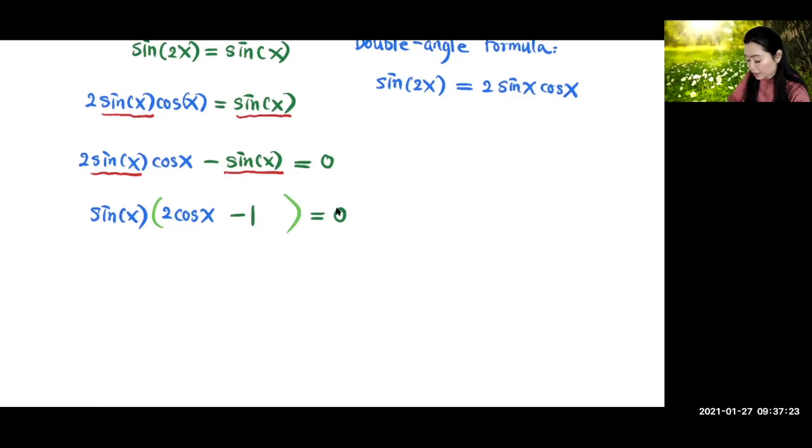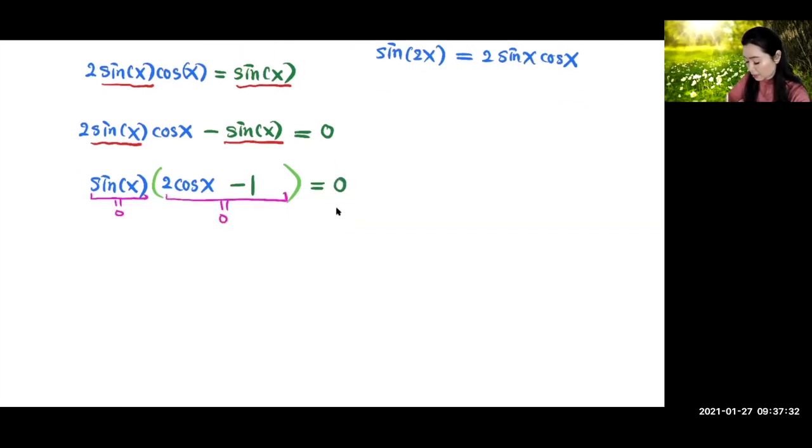So we could have this equal to 0, or this equal to 0. So we break it down into 2 separate equations: sine of x equal to 0, and the other one here is 2 cosine x minus 1 equal to 0.